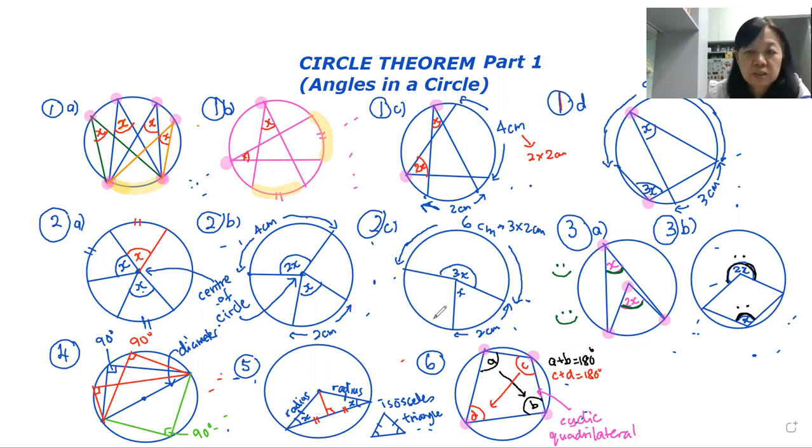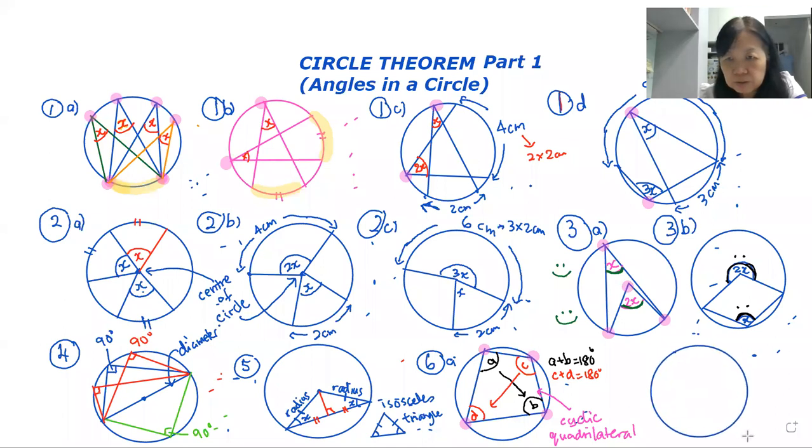An extension to it. This is 6A. I can have a 6B here. I have a cyclic quadrilateral.